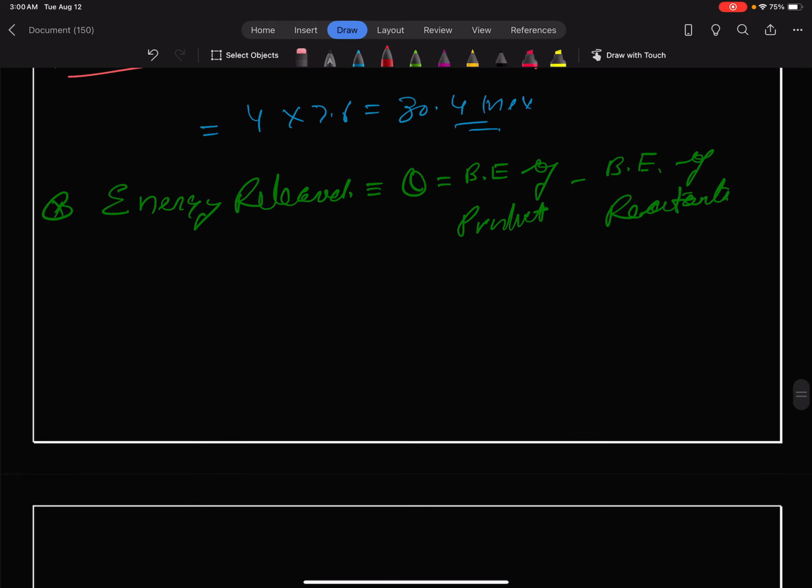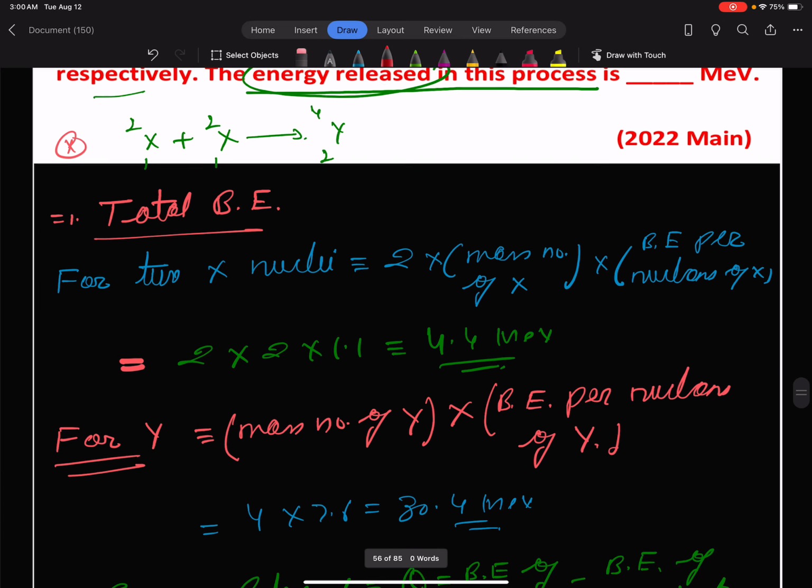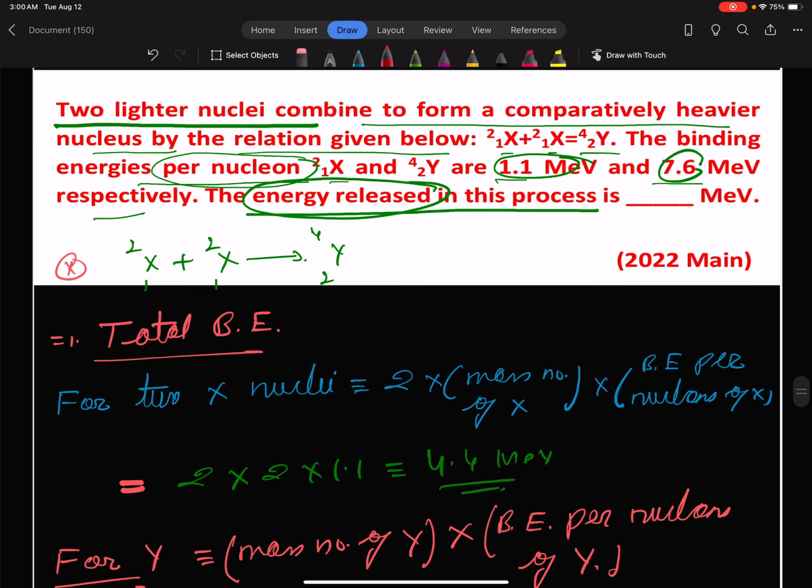Substituting the values, the product is our Y, so that is 30.4, and the reactant is our X, which is 4.4, which gives us the value of Q equal to 26.0 mega electron volt. So it is 26.